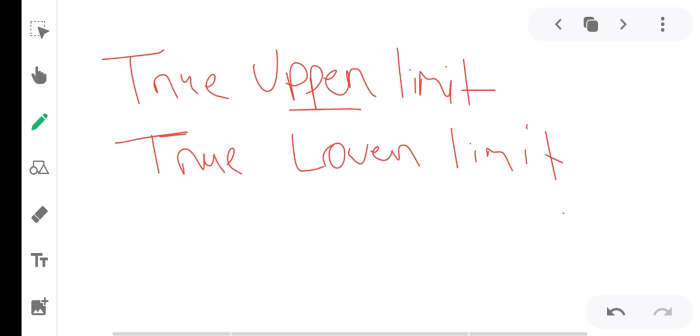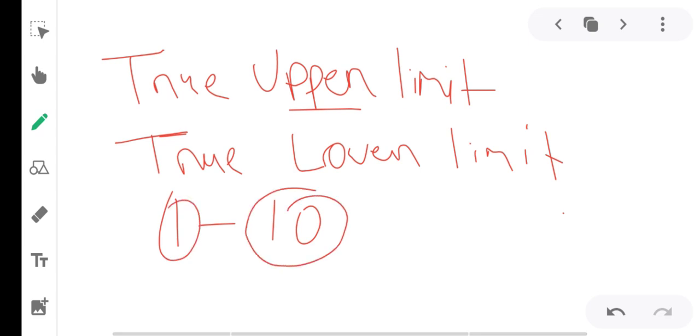For example, in exclusive form there is a class interval 1 to 10. So 1 is the lower limit and 10 is the upper limit. For this interval the true upper limit is also 10, that is the upper limit, and the true lower limit is 1, that is the lower limit. Clear?